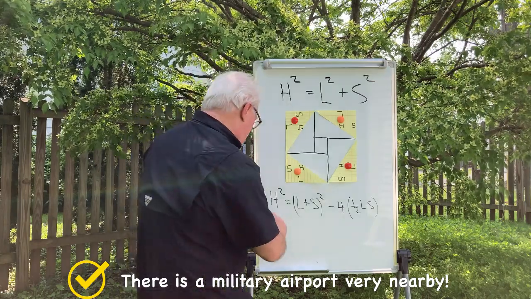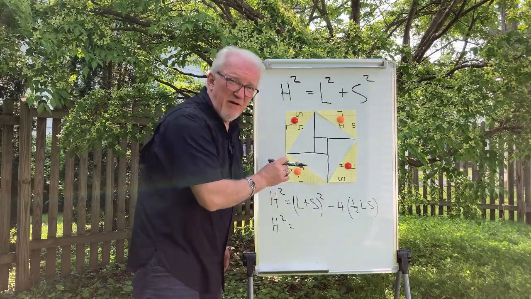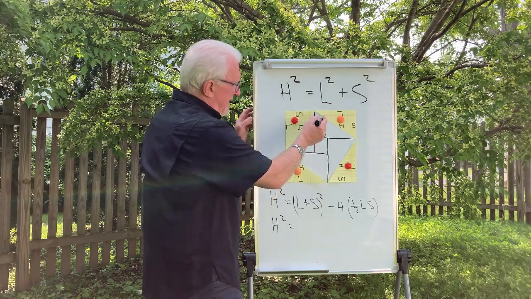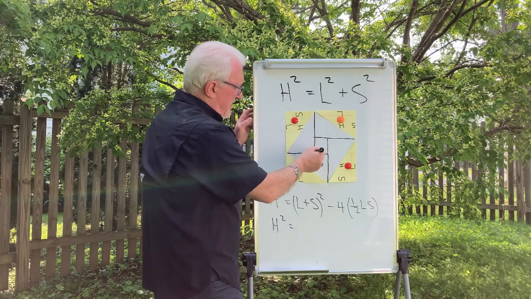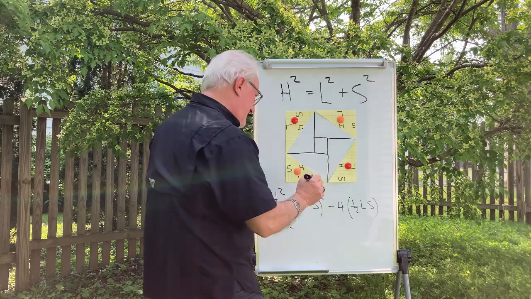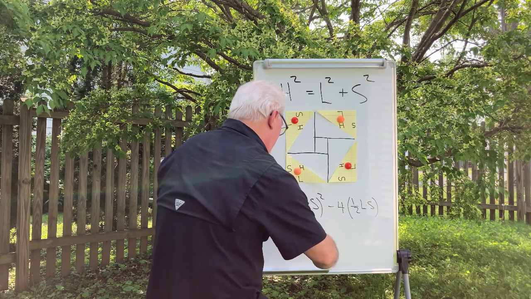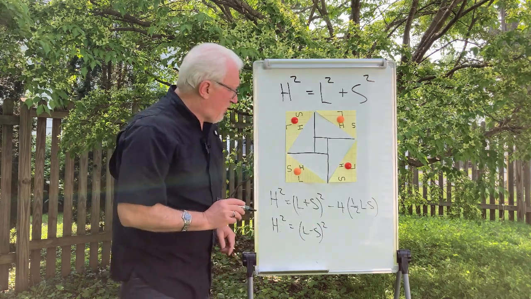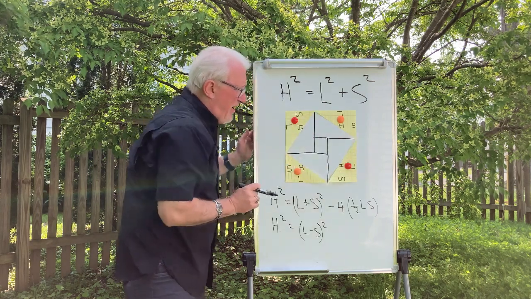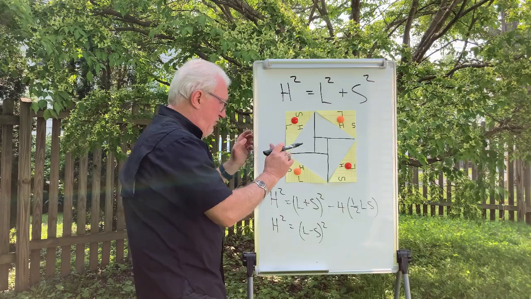We can also think of h squared as the area of the very small square in the center, and let's see, this side length is all of L minus S. So that side length is L minus S, and so the area of that smallest square is L minus S quantity squared, and then in order to arrive at the rest of the square of side length h, we will add on the areas of the four congruent triangles.